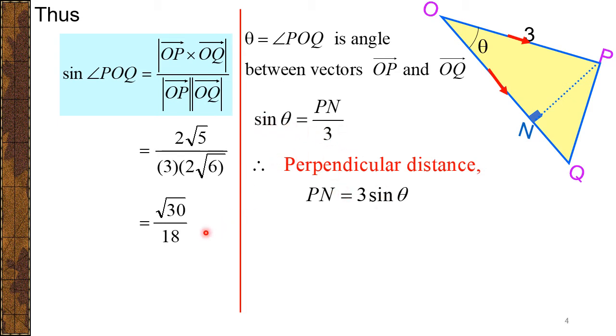Substitute and then simplify. Then we find the perpendicular distance is actually 0.9129, or to 3 significant figures, you can give 0.913.